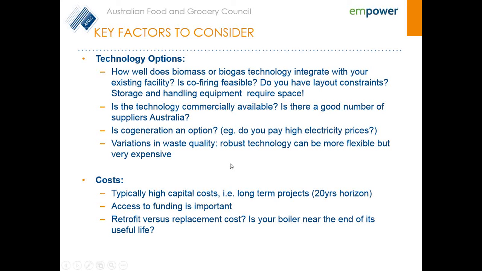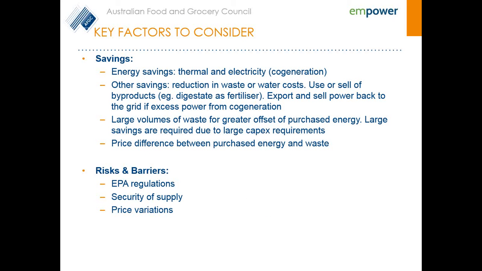The other key aspect is the differential price between what you're paying for purchased energy versus the cost of waste. With natural gas prices reaching or going above $10 per gigajoule, if you have access to really cheap wood chips, for example, at say $3 per gigajoule, then that differential will help you achieve the savings.